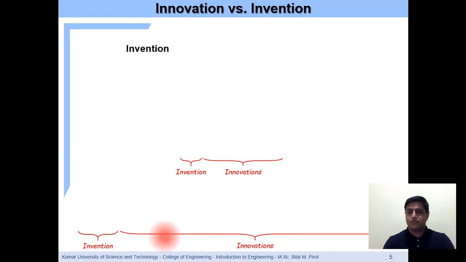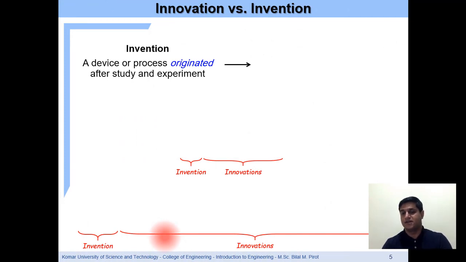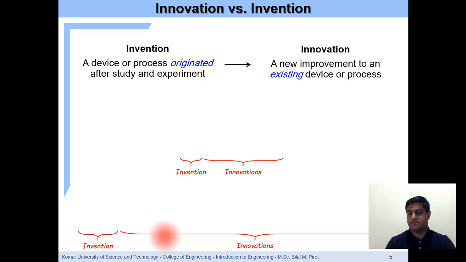Now we have two different and important terms related to the design. We have to distinguish between innovation and invention. What is innovation and what is invention? Invention simply is a new idea. It is a new idea that has not existed before.